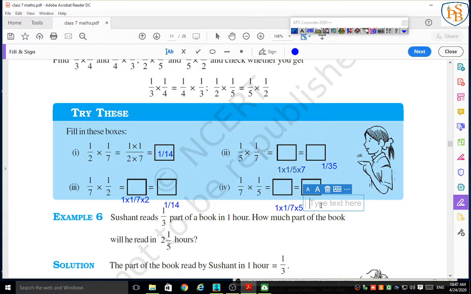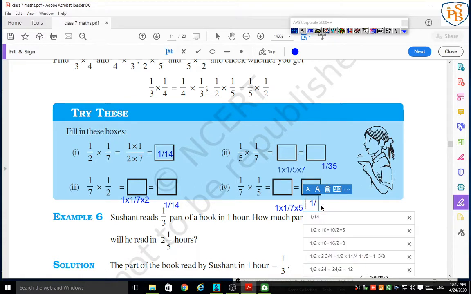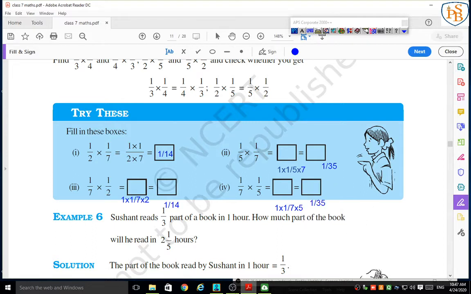So my answer will be 1 ones are 1 divided by 7 fives are 35. Look, in the second example they gave us 1 upon 5 into 1 upon 7, and the fourth one is 1 upon 7 into 1 upon 5. They just changed the order of the fractions, but still the answer is the same.